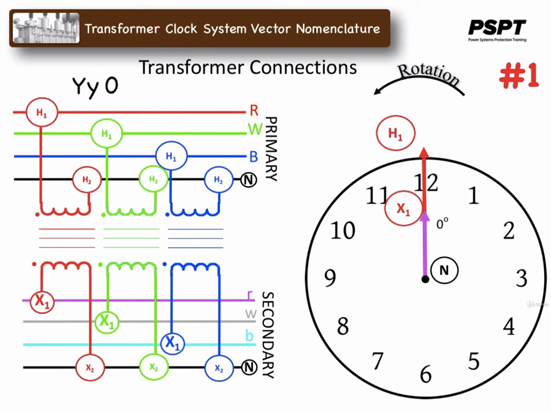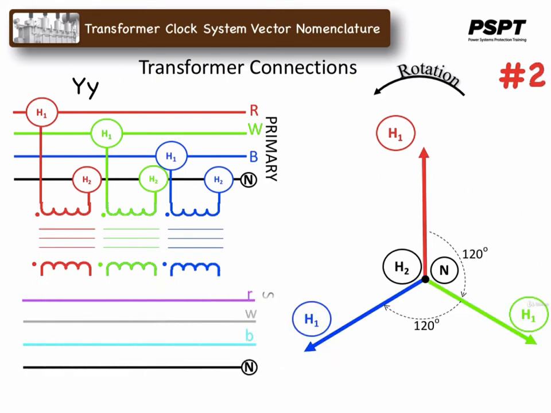We could have also said YY360, but normally we just choose 0 instead of 360. It's much easier to write on a piece of paper, I guess. Notice also that the primary side is designated with a capital Y, where the secondary is designated with a lowercase y, followed by the displacement, which is 0.